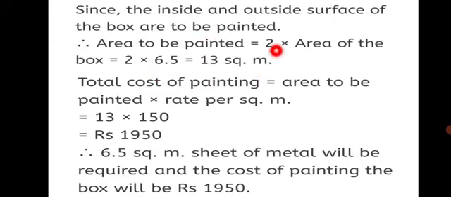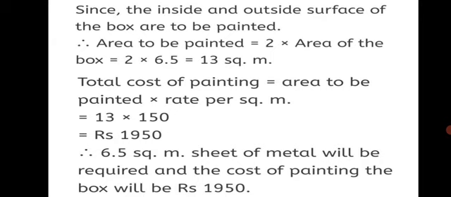That means total 13 square meter area of the box has to be painted. What is the cost given? The total cost of painting will be area to be painted into rate per square meter. Is the rate given to us? Yes, 150. So total area to be painted is 13 into rate is 150. That gives us rupees 1950.